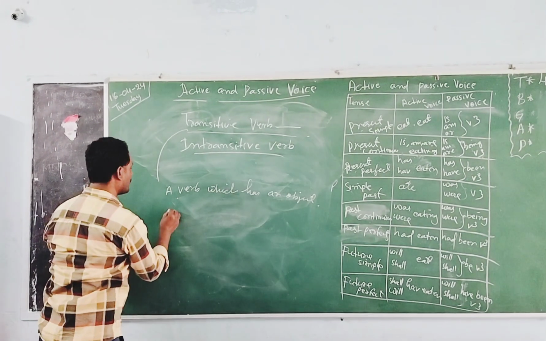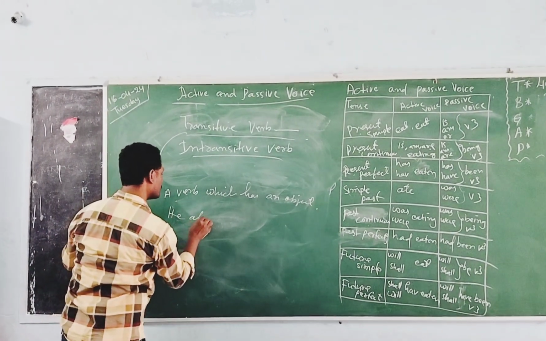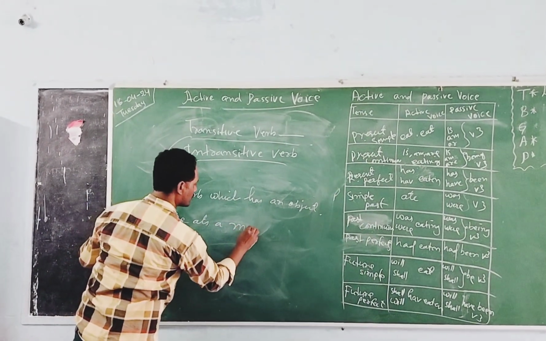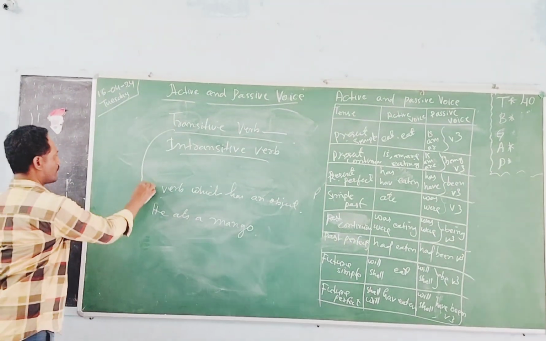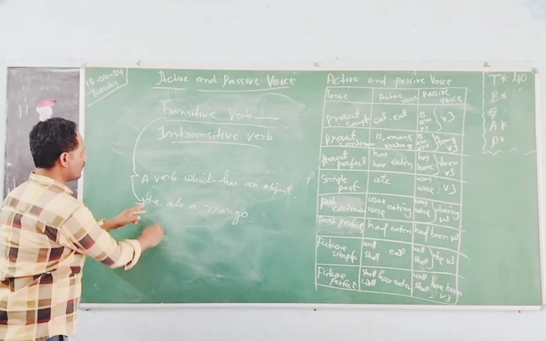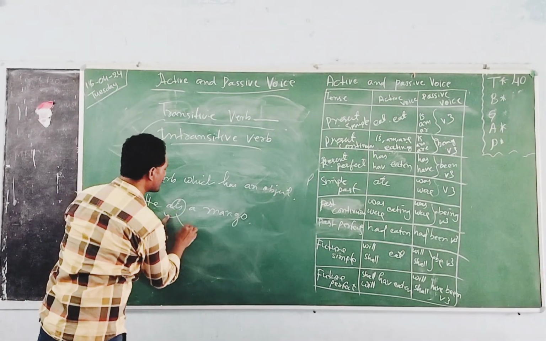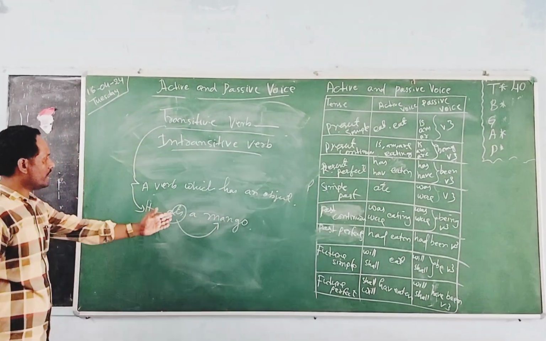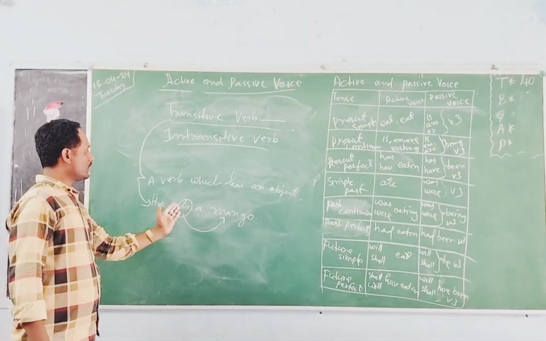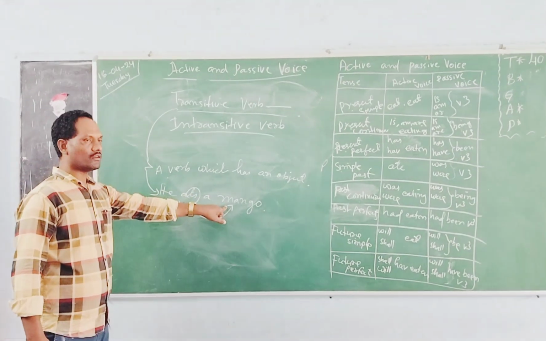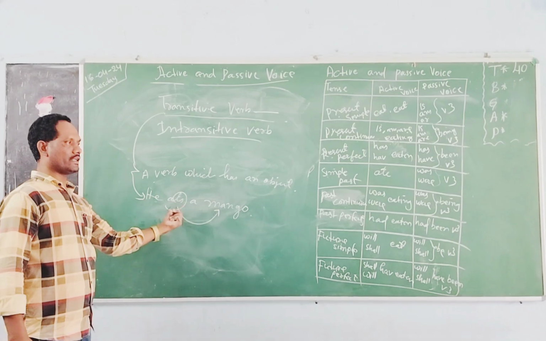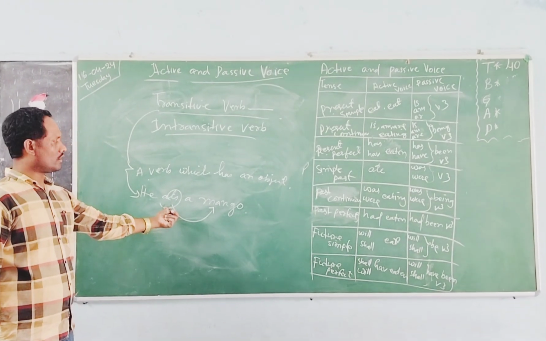Let's have an example. He eats a mango. This is called a transitive verb. Why? The verb is acting on an object. The verb is the doer of the action, and the object is receiving the action from the verb.